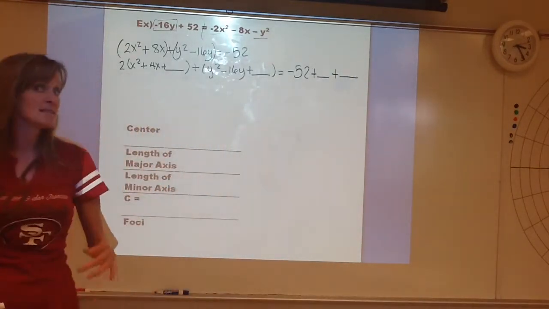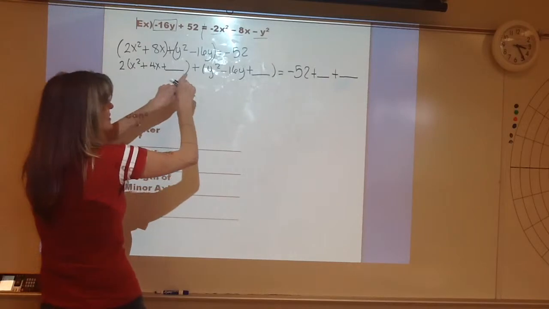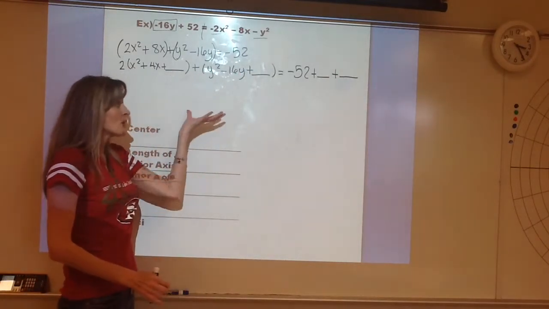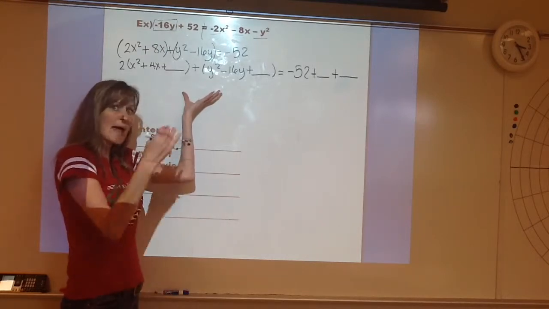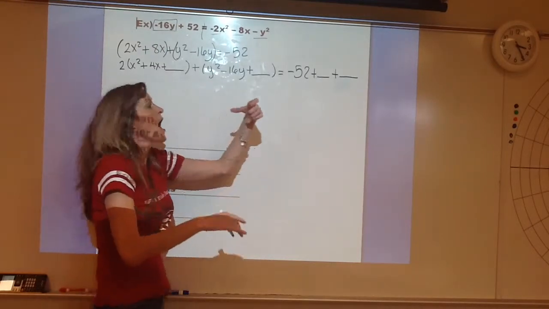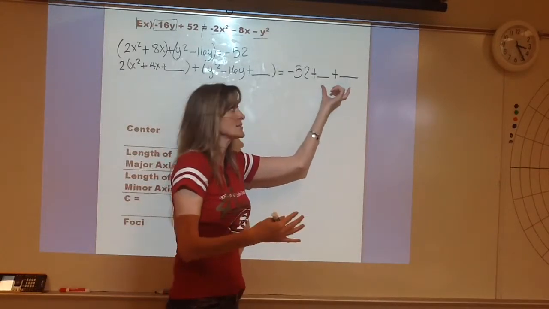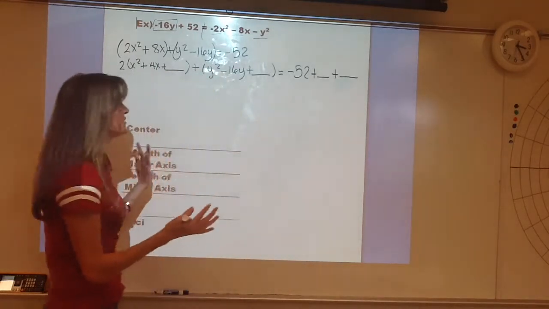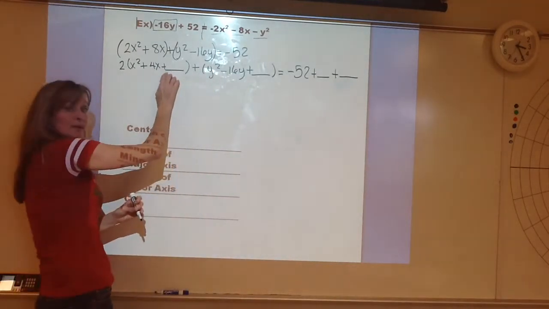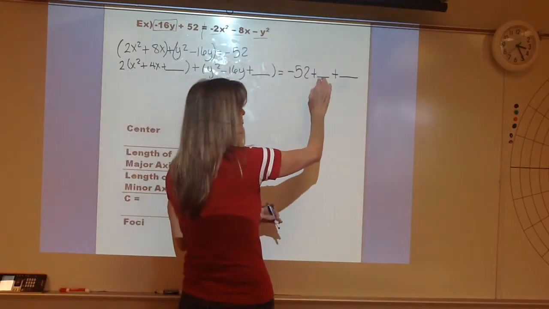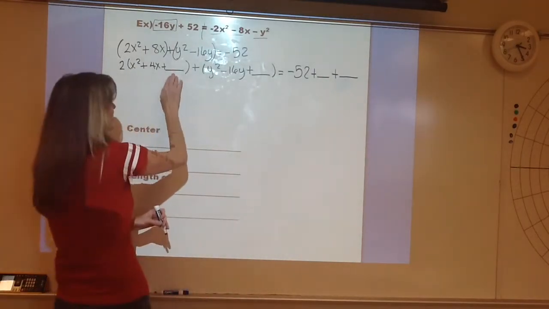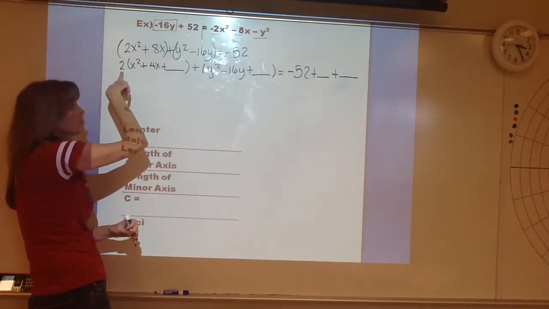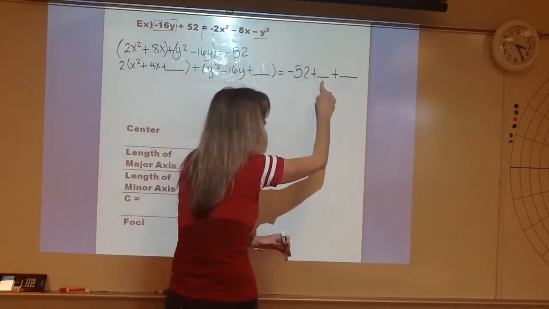Okay, the reason why I said plus something is I have this here and this here. It's a balanced scale. A balanced scale means whatever I do on the left side, if I'm adding or subtracting just random stuff, I have to add or subtract it from the right side also, or it's no longer balanced. The other thing that you need to keep in mind is whatever I put here, I'm not going to just come over here and add it there. Whatever I put here, I have to multiply by this coefficient outside the parentheses, and then add it over there.